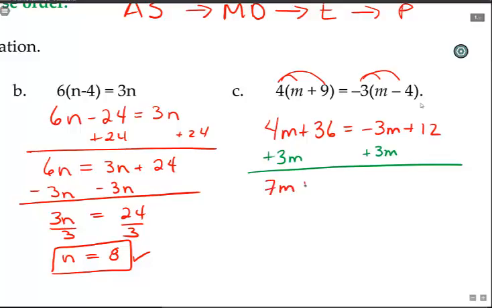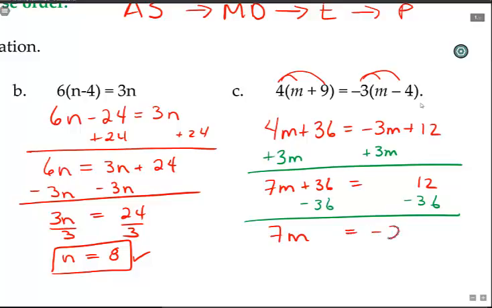So that gives me 7m plus 36 equals 12. Move my 36 over. Can you think of what 12 minus 36 is faster than I can write it? Hopefully you did, and you got negative 24.